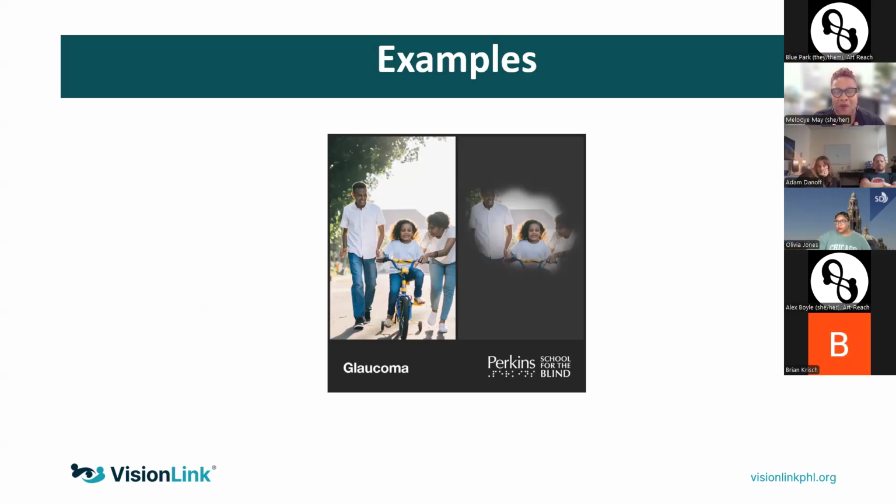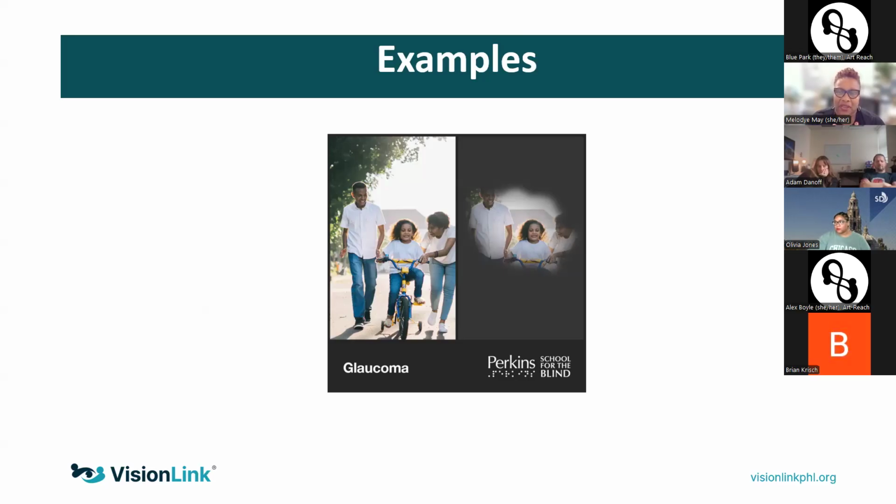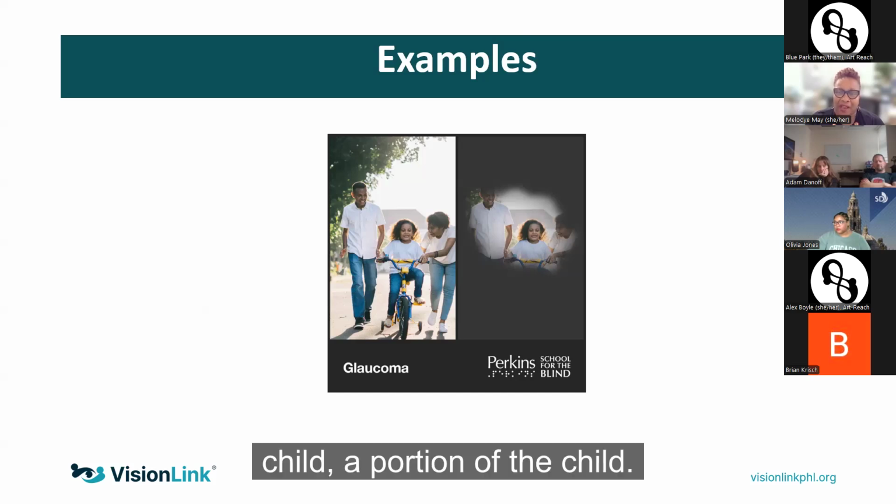For someone whose peripheral or side vision has been blacked out in this image, all that appears in the field of vision is the upper half of the child, a portion of it.